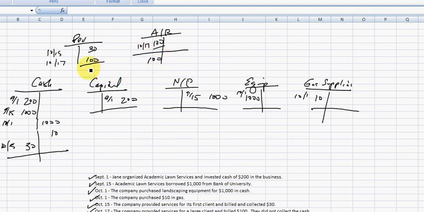A debit balance of 100, revenues 130, cash what? 200, 190, 220, capital 200. So all we need to do now is prepare a trial balance sheet.